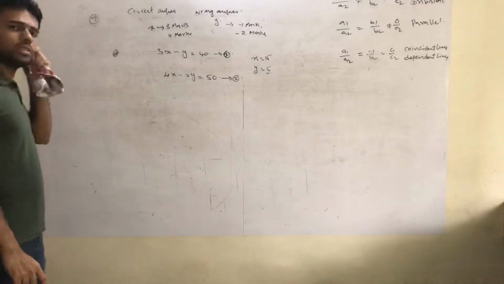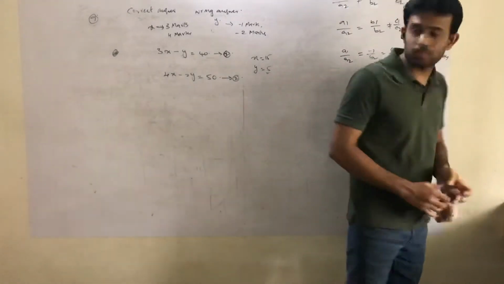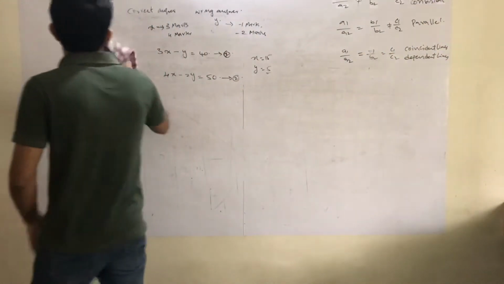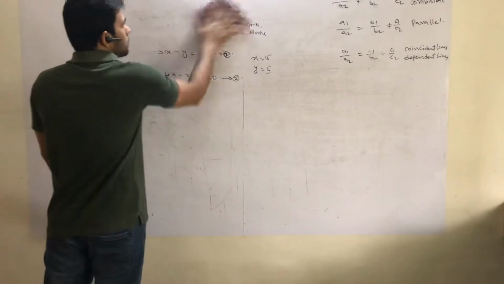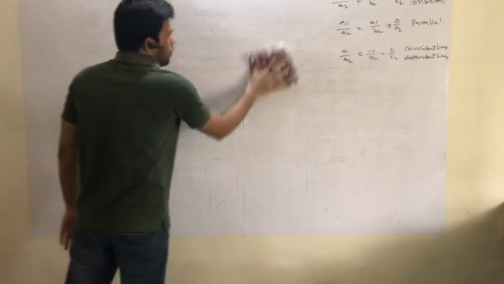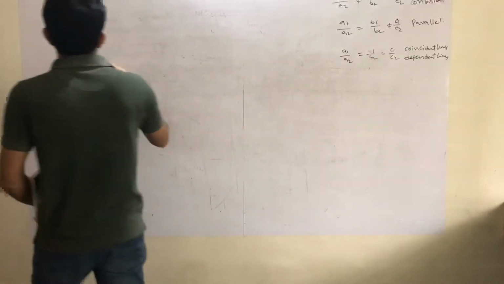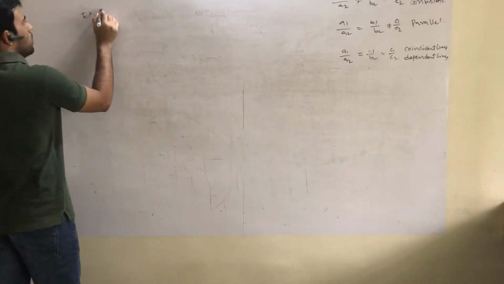First you identify the variables, and then you write the equations and solve those equations. Now, let's look at example 10, which is very, very important. This may appear in your board exam.